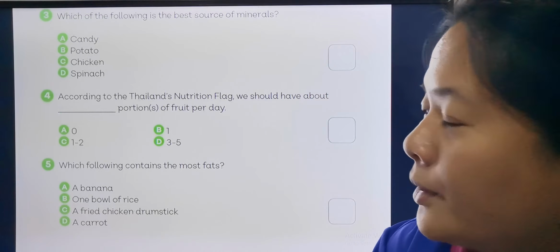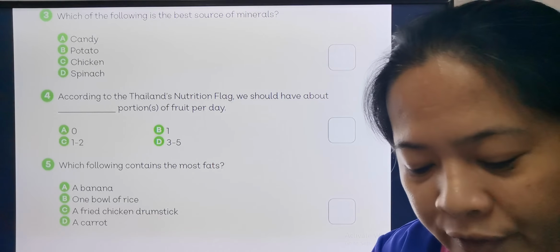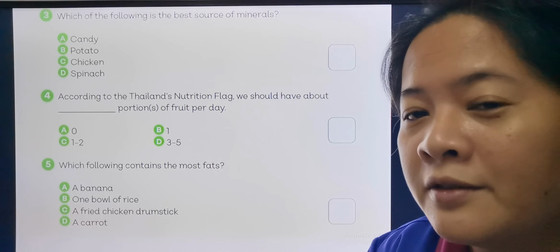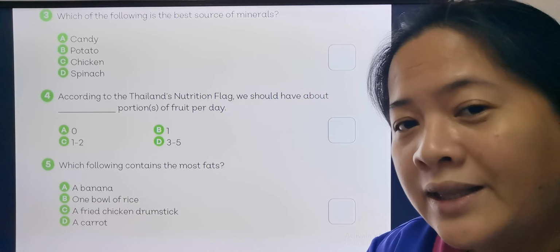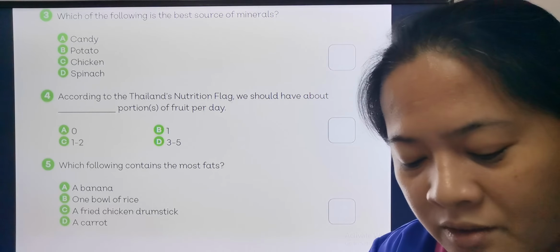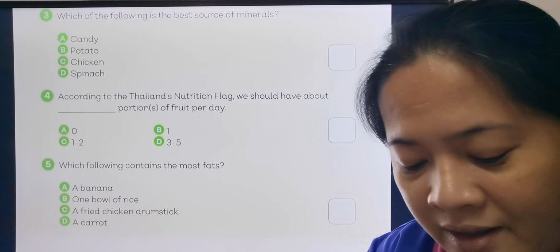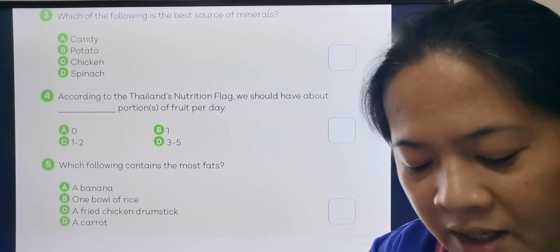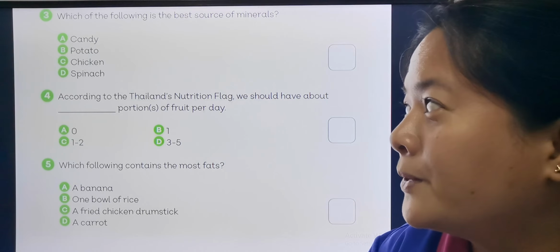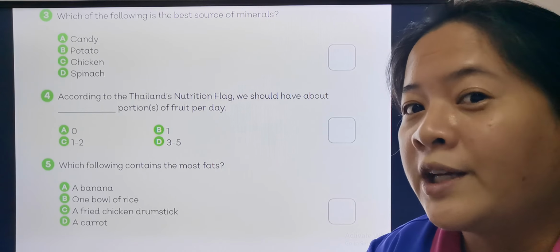We move on to number 3. Which of the following is the best source of minerals? What type of food can we get minerals from? Letter A, candy, letter B, potato, letter C, chicken, letter D, spinach. Candy and potato provide carbohydrates.